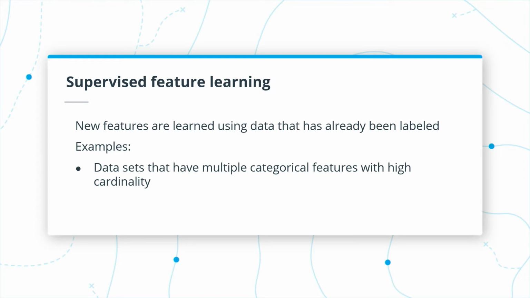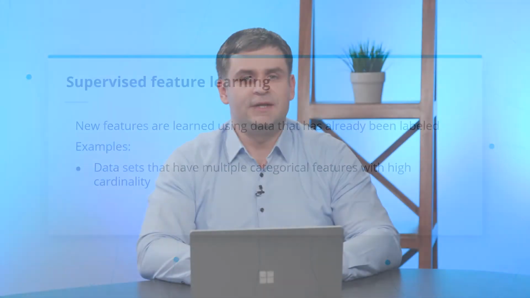Let me give you a practical example of that so you can better understand it. When you have to deal with a categorical feature, the problem is that if you do a simple encoding of the categories like 1, 2, 3, for example, then you already introduce bias into your data because you are implicitly assuming that there is an order between the three categories, since you have used numbers.